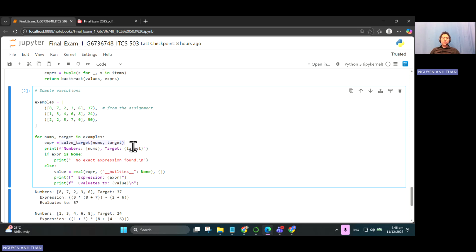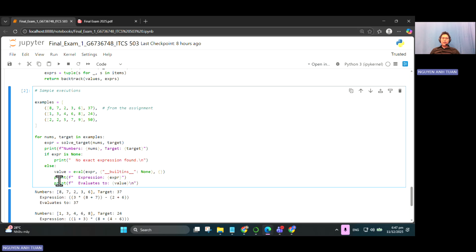If a solution is found, it prints the expression and also evaluates it with eval to confirm that it matches the target. If no expression exists under the constraints, it prints that no exact expression was found. The output demonstrates that the algorithm can correctly find solutions when they exist and safely report when it cannot.